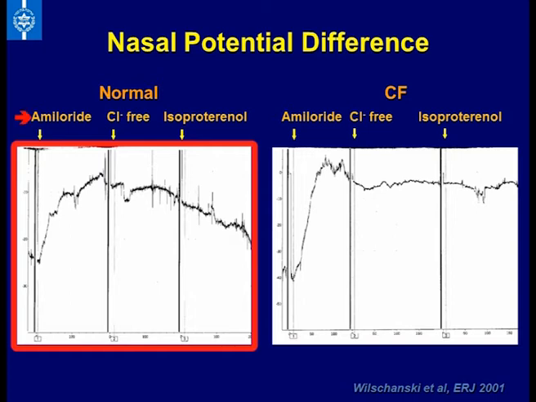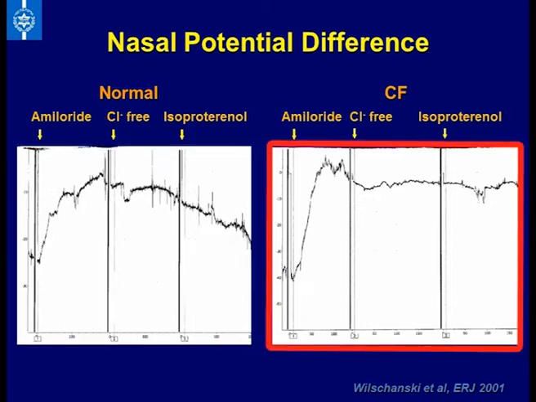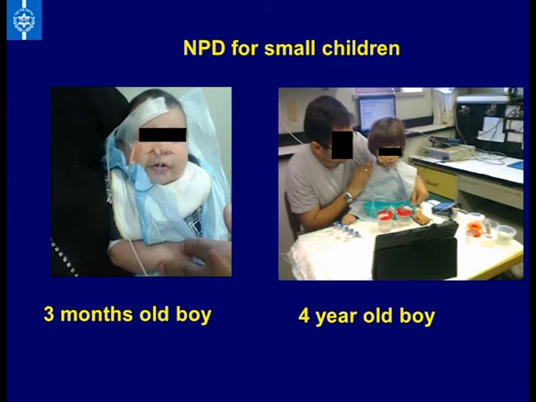Amiloride reduces this, and there is more negative potential when the chloride-free solution is run through the nose, which stimulates CFTR protein activity. In CF patients, however, the basal potential difference is much more negative. The response to amiloride is increased, and there is no response to running through the chloride-free or isoproterenol solution. The test can be performed at any age.